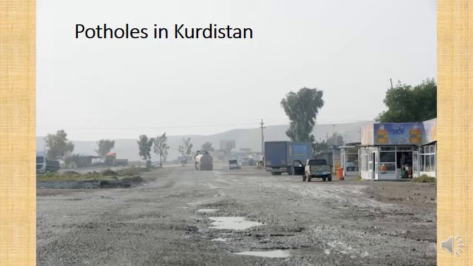So, what are potholes in Kurdistan? You've got potholes all over Kurdistan. Why do we have a lot of potholes in Kurdistan? Well, there's a few different reasons. One of the reasons is that you have a very high temperature variation in Kurdistan. So when it gets really cold in the winter, the bitumen loses its ductility and it gets brittle.